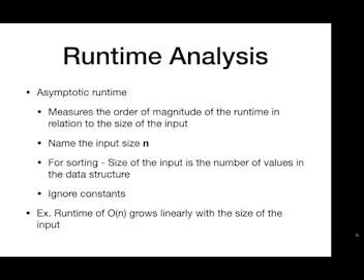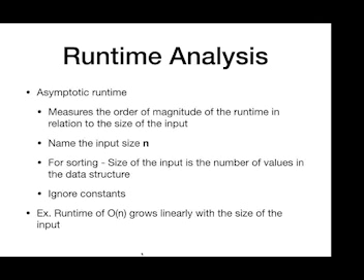So we have some input. If we have an input of size n, which for our sorting problems that we saw last time and today, n is the number of values in the data structure. So we want to sort some data structure. It has n elements. We're going to measure the runtime in terms of n and measure that asymptotically. So as n grows, how does our runtime grow? That's what we're after.